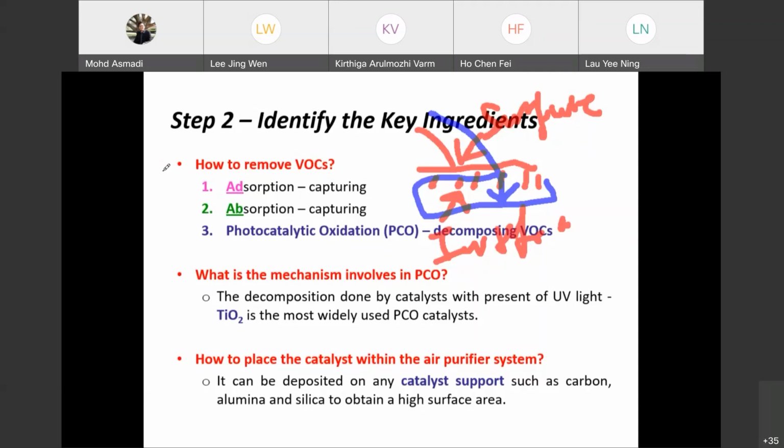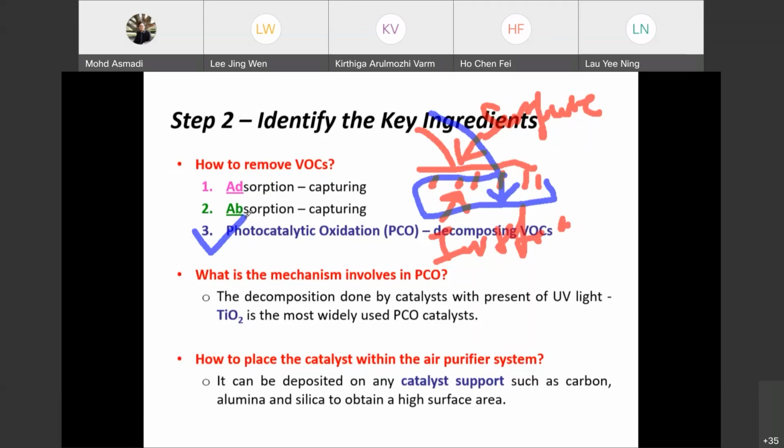This is the difference. But for VOC, of course, we want to decompose. That's why we choose this one. The reason is that PCO, photocatalytic oxidation, can decompose instead of just capturing VOC. So we select this method.